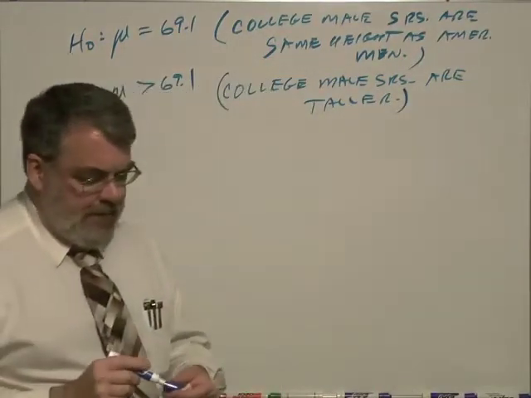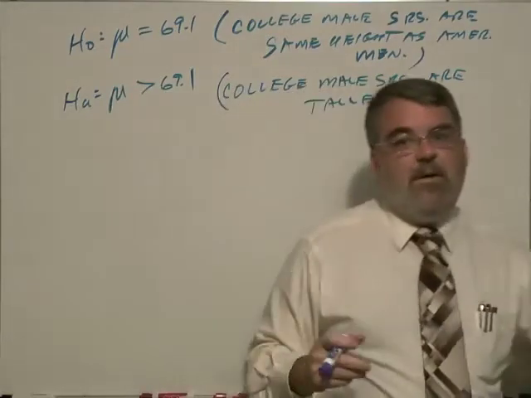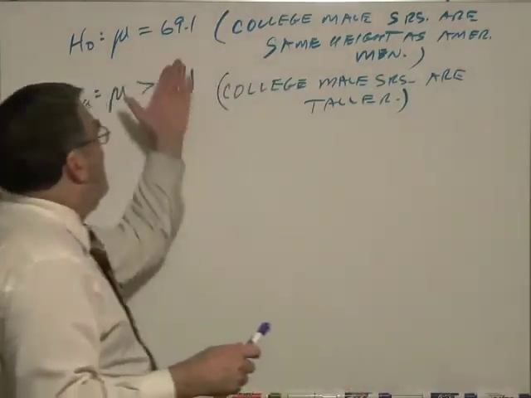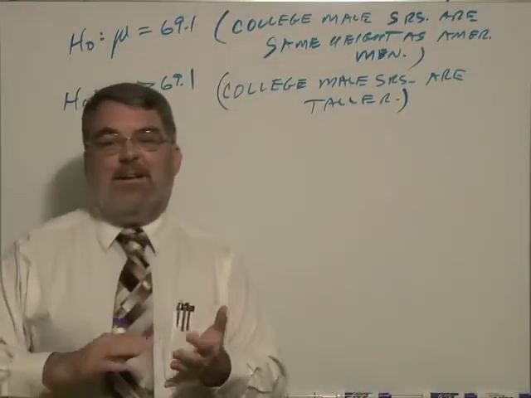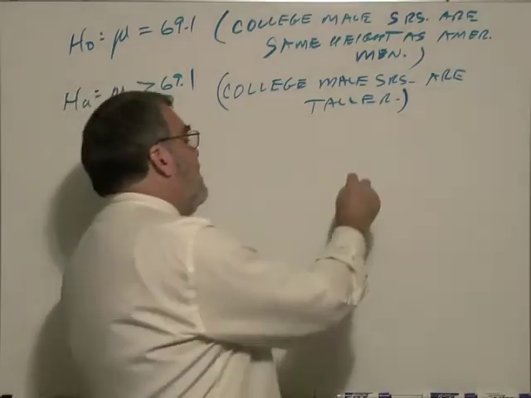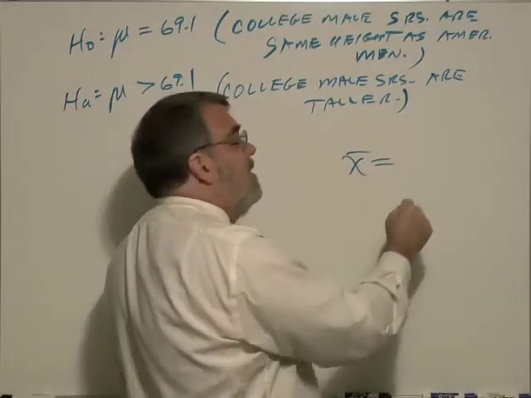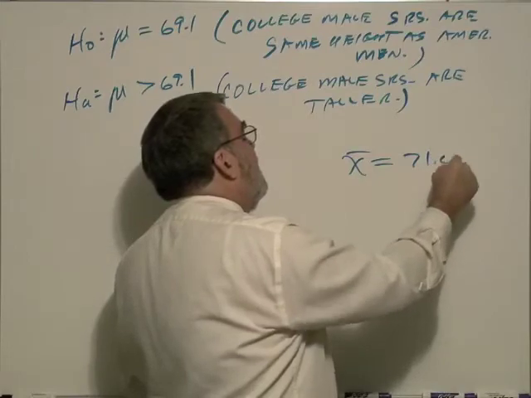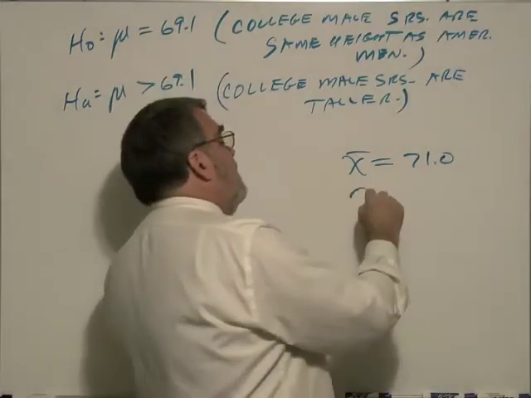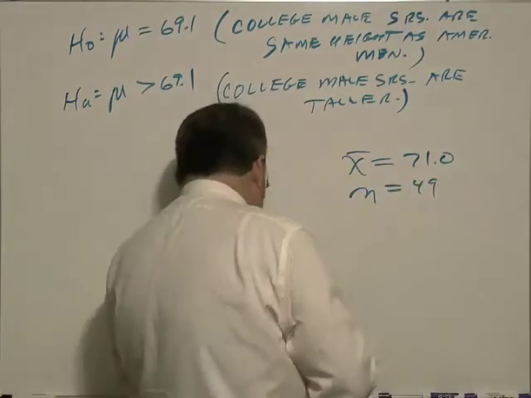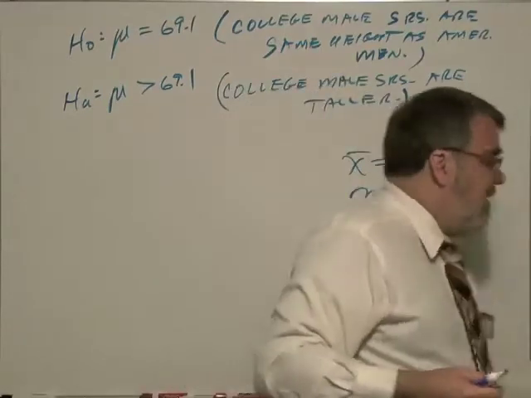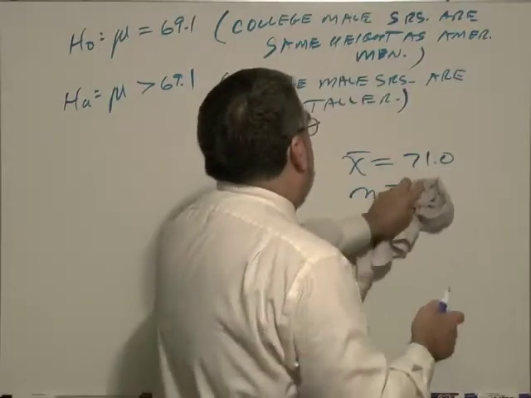Now we're not trying to prove that mu is equal to 71.0. That came from the sample. That was X bar, 71.0. They took a sample of 50 men, not 49, I got that wrong, 50 men.